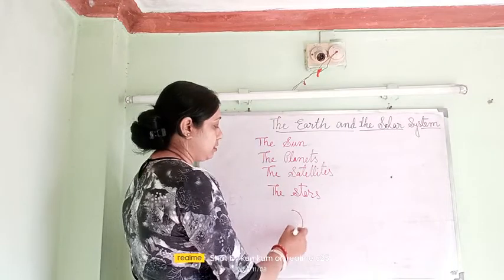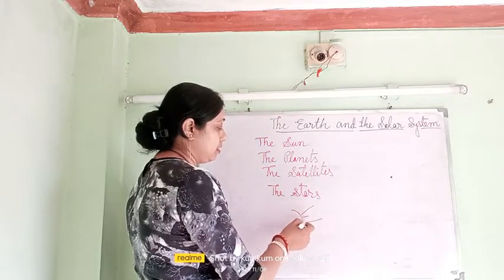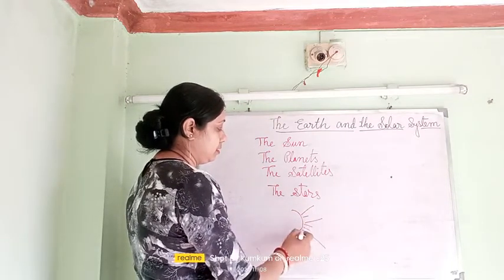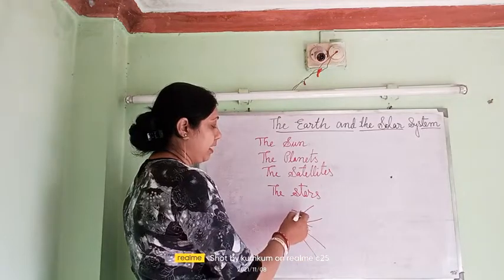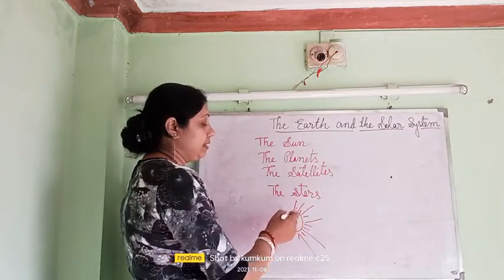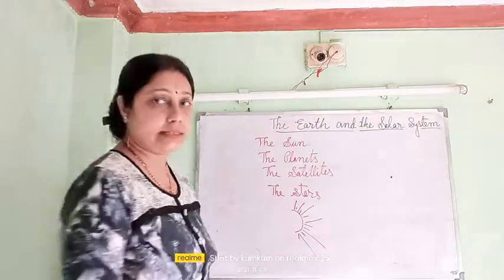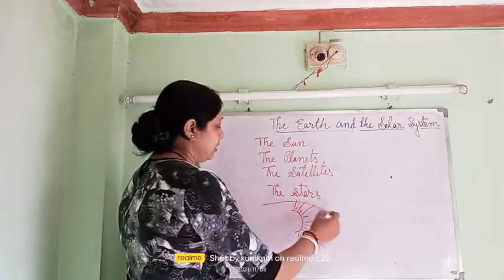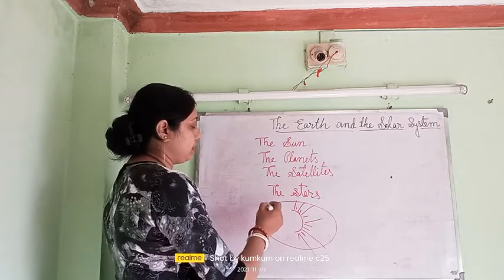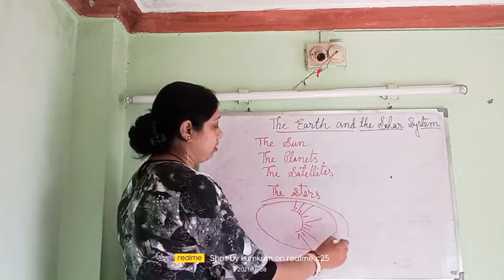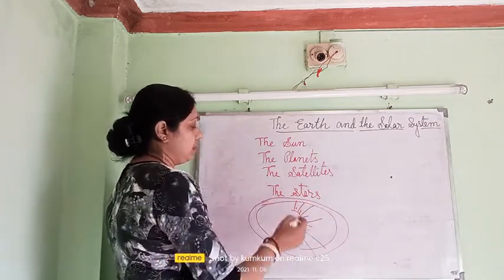Suppose this is your sun, and all the lines I am going to draw are imaginary lines. All the planets revolve around the sun.